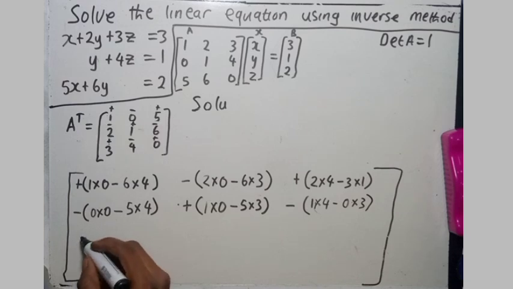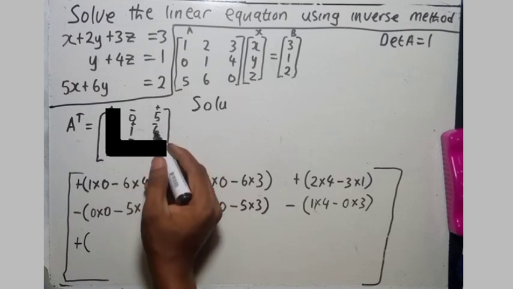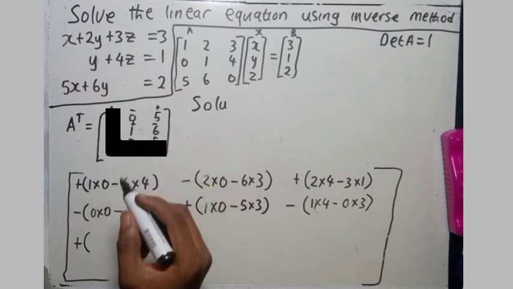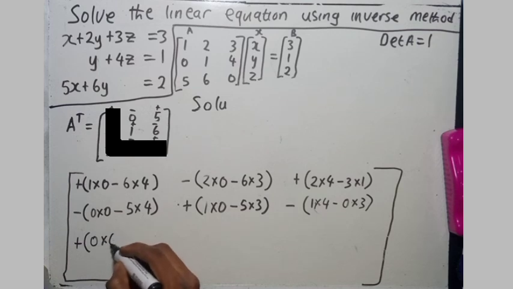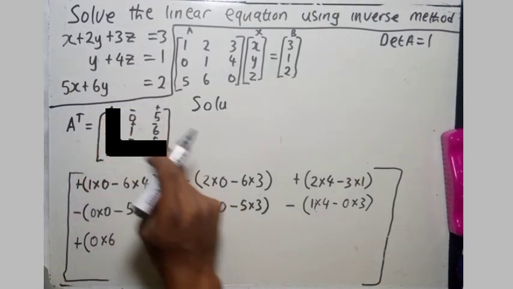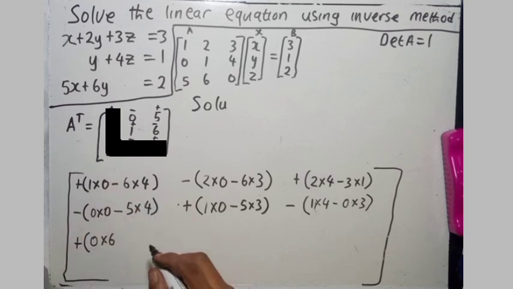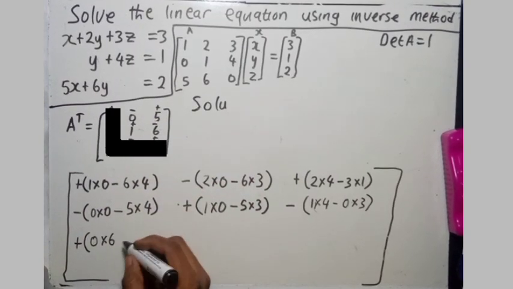Over to the next one, we'll have 0, 5, 0, and 1, 6. So we have 0 times 6. We're in the third row now. This is where we are. Anything that doesn't fall under the whole row and each column is what we are considering. So 0 times 6 is what we have written down.